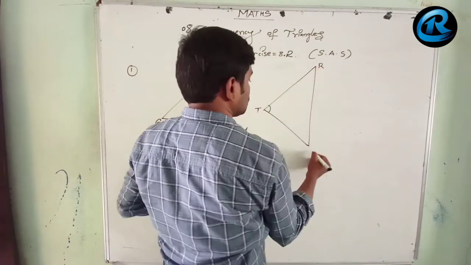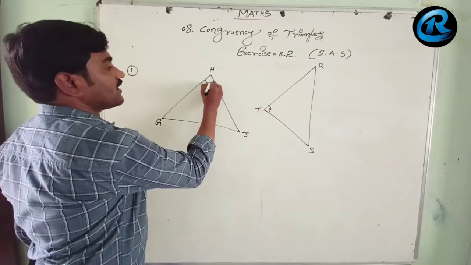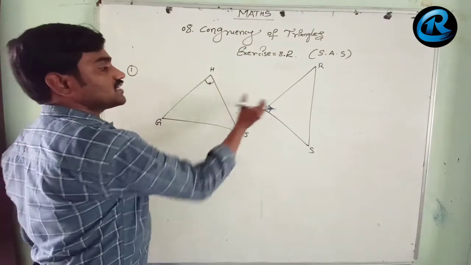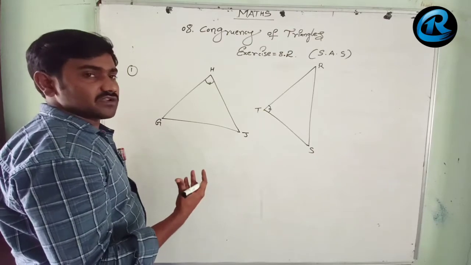So these two angles are given here. Here one angle is given. That means these two angles are equal. Again, additionally, what information is required?